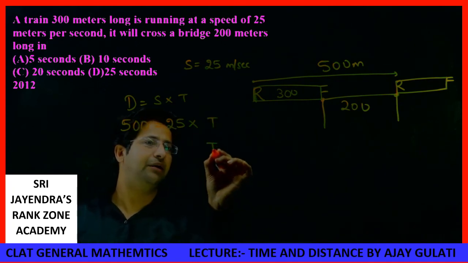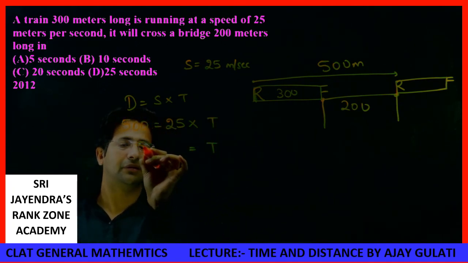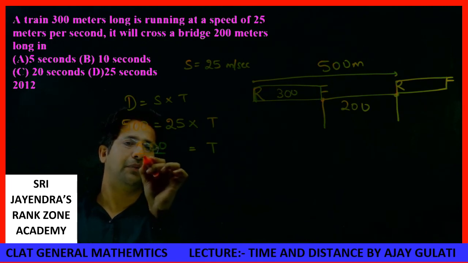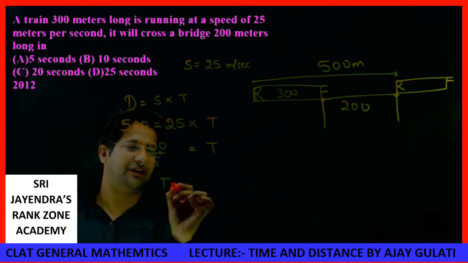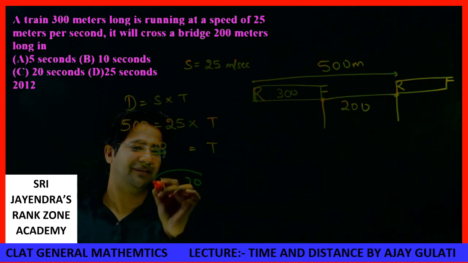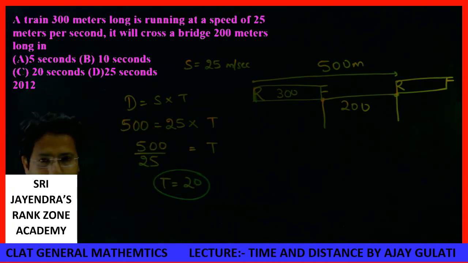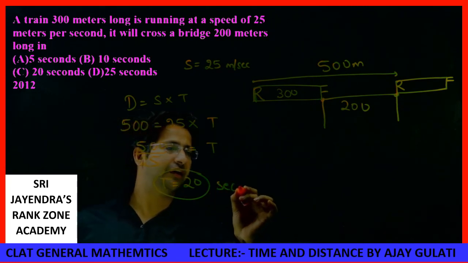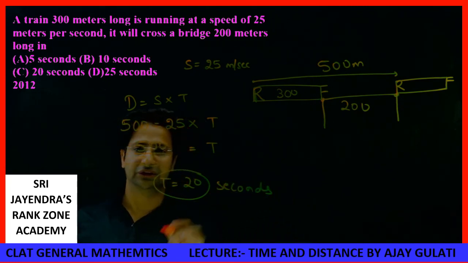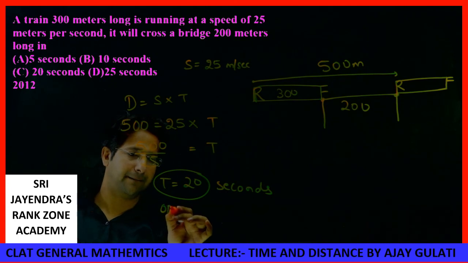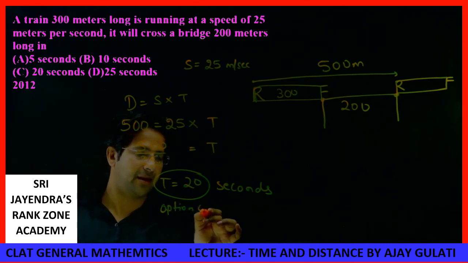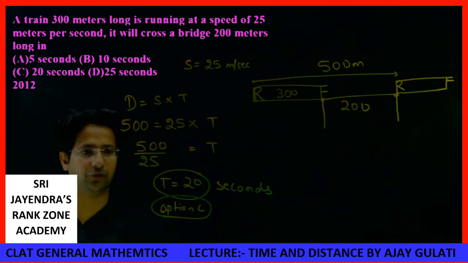So this time becomes 500 by 25, or this time becomes 20 seconds. That is your answer. This is option number C. I hope all of you can understand it clearly.